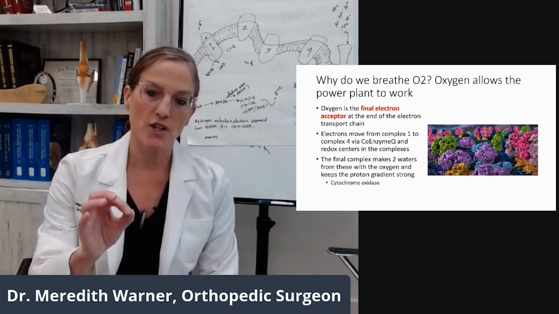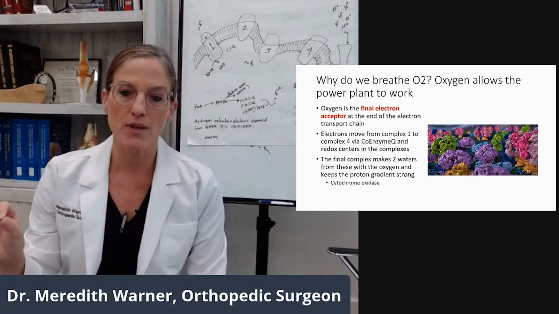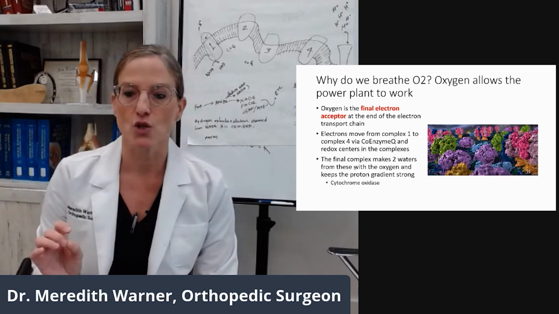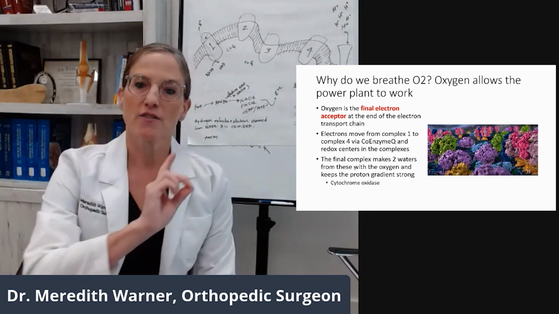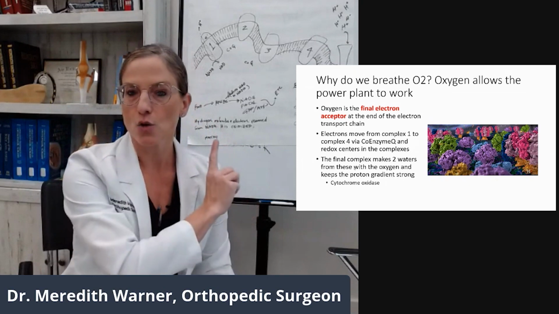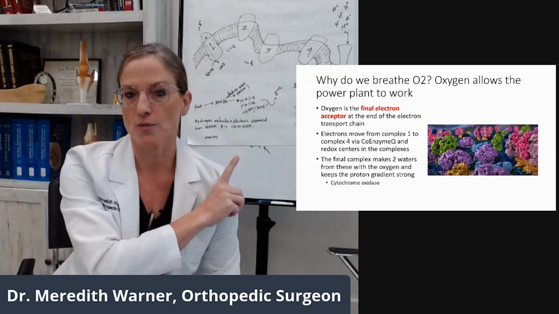And there's some molecular reasons why O2 likes electrons, but effectively at the end of the day, H2O is made, which is 2 positive protons plus the molecule of oxygen. So again, your electrons, which are the negatively charged things that we use for energy, because we're really just electrical plants, move from complex 1 to complex 4 by way of coenzyme Q and redox centers, and effectively transfer the energy from what started as bread or a piece of steak or a vegetable, right?